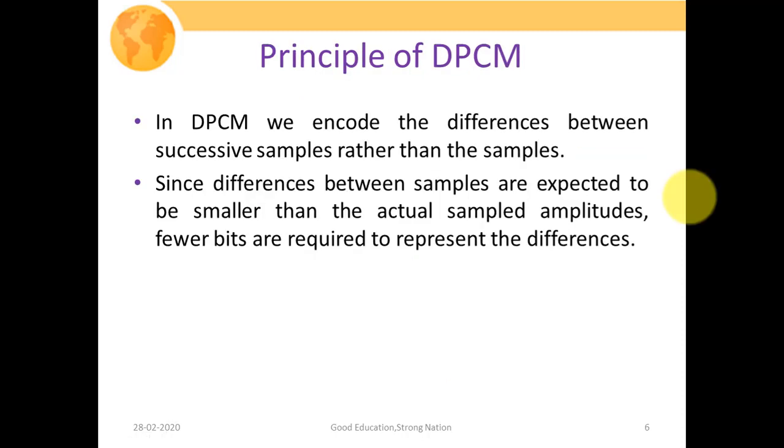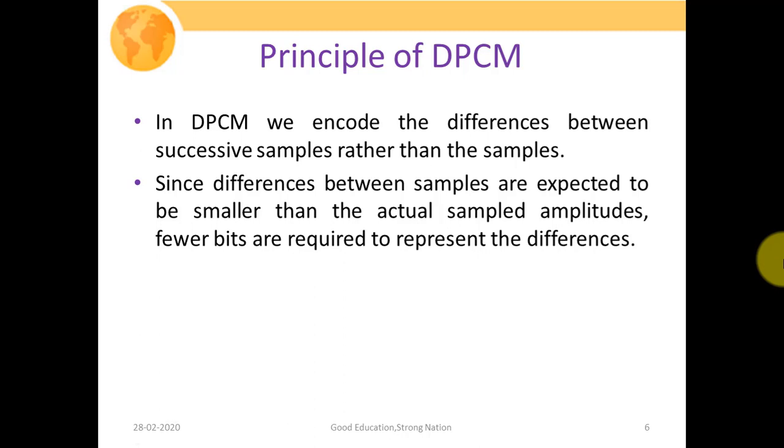Now we are going to discuss the principle of differential pulse code modulation. In DPCM, what we actually do is encode the differences between the successive sample values rather than the individual samples, as we did in our PCM systems. Since the differences between the samples are expected to be smaller than the actual sample amplitudes, because the signals are highly correlated, fewer bits are required to represent those differences.